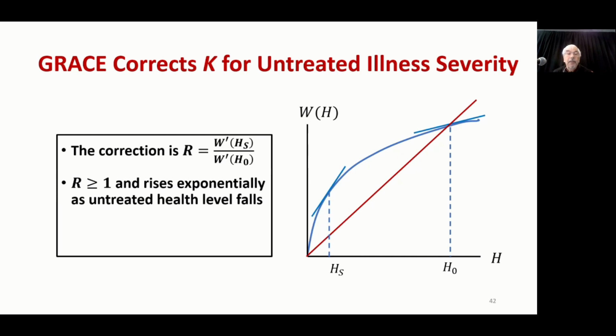That's just straight out what's happening there. And for those of you who are not into the math that I just ran through, again, I apologize for that. All you have to remember is that Grace builds in a multiplier R, and it's bigger than 1, and it rises exponentially as illness severity increases. That's all you need to remember.